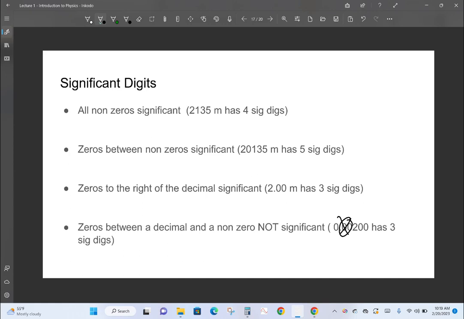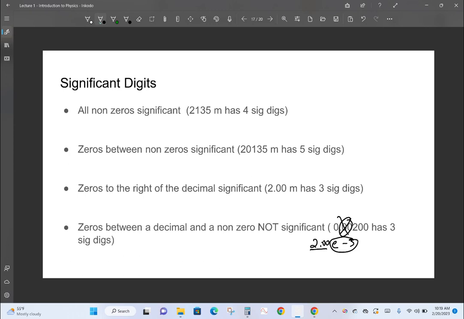So these are not significant. And one way to test that is if you put this in scientific notation, it would be 2.00 e to the negative 3. So that e to the negative 3 means those zeros are just placeholders, and there are only 3 significant digits in the measurement.